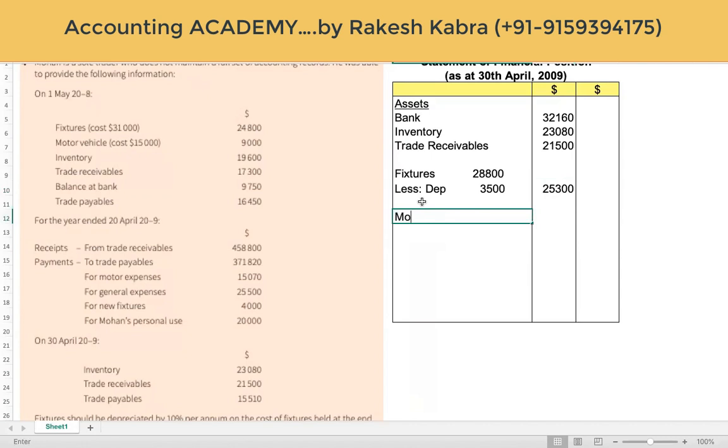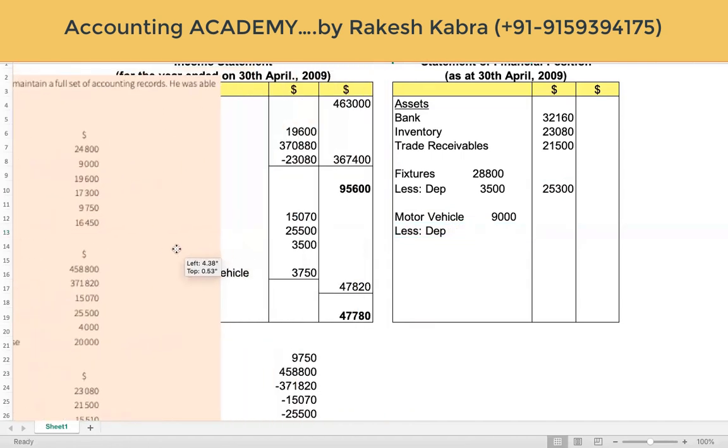Then I will take motor vehicles. Book value I will take as 9,000, less depreciation. How much depreciation did I charge? 25%, 3,750.